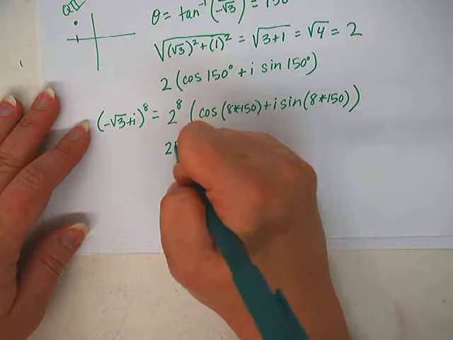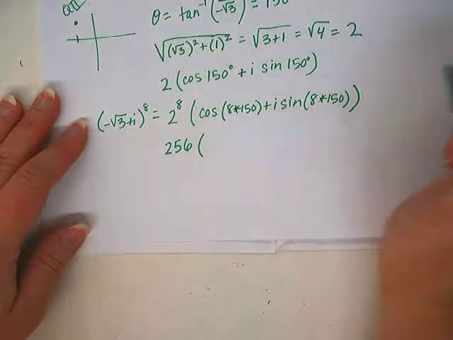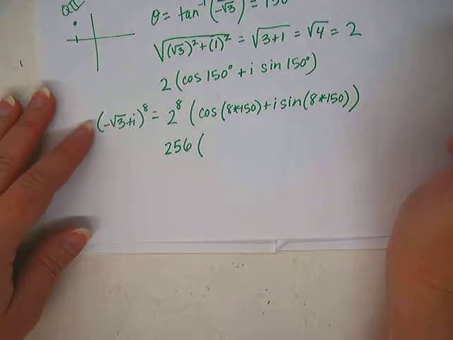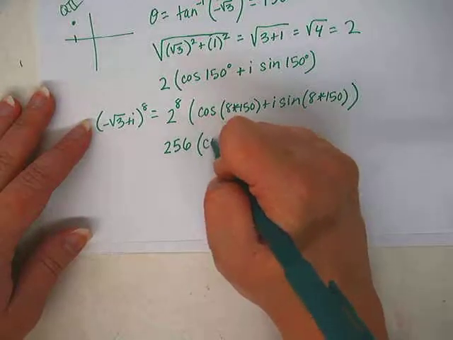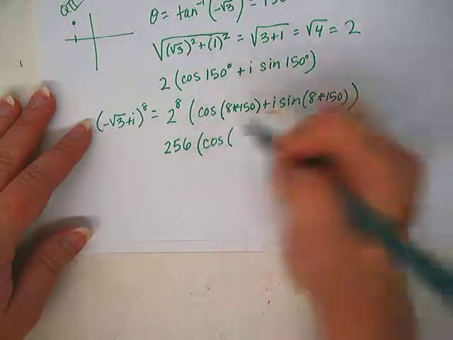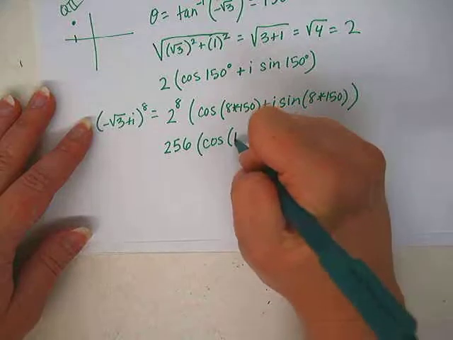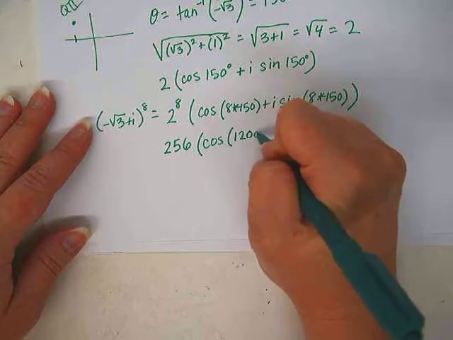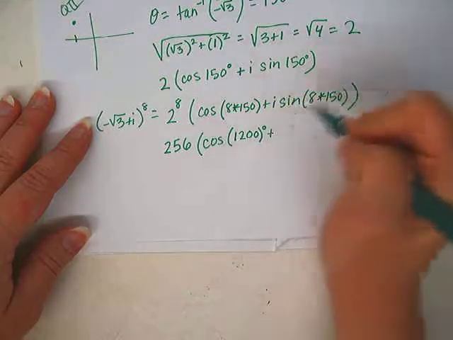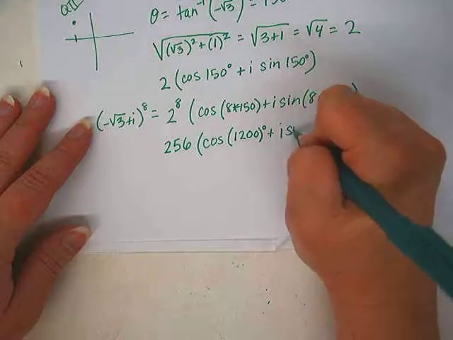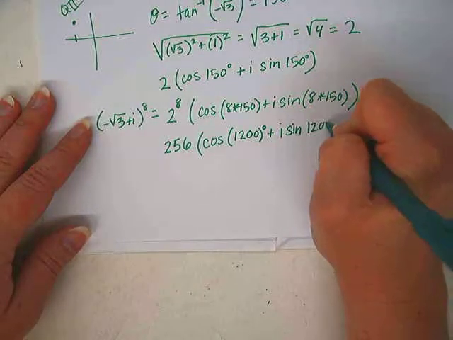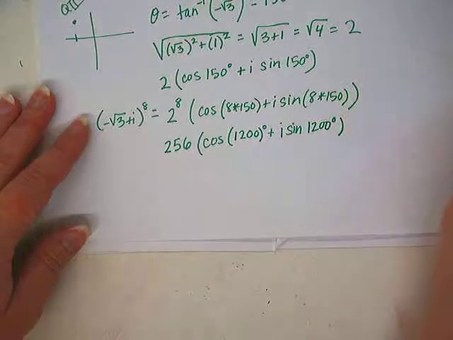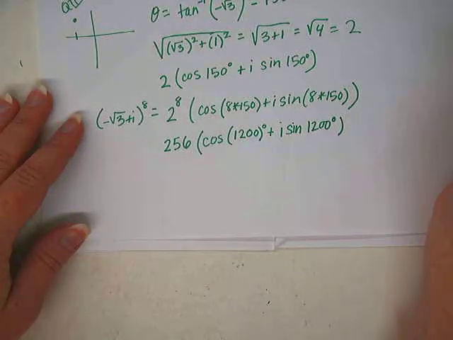Well, 2 to the 8th power is a fairly large number, 2 multiplied by itself 8 times. 8 times 150, what is that number? Eight times 150 is 1200.